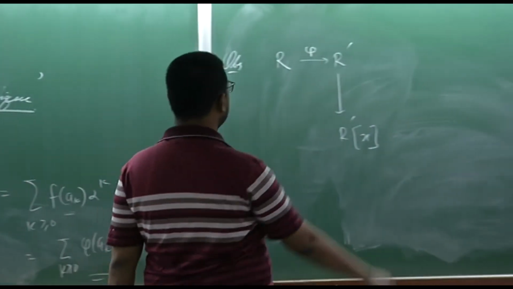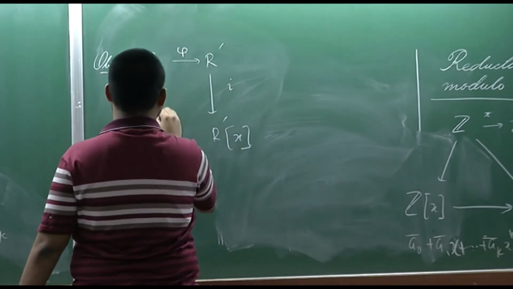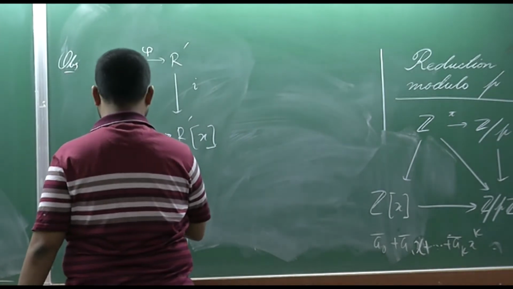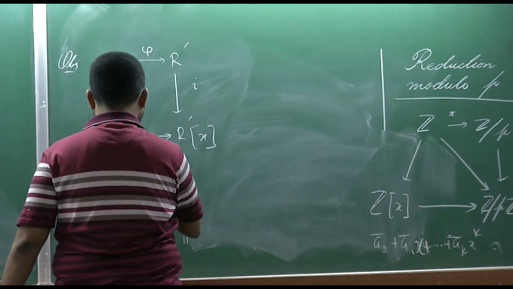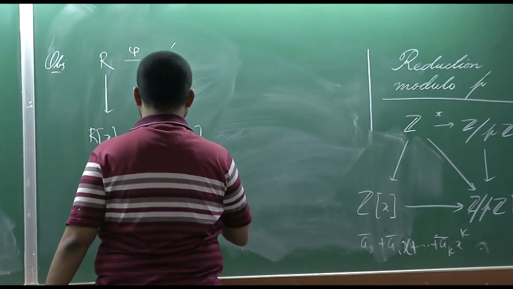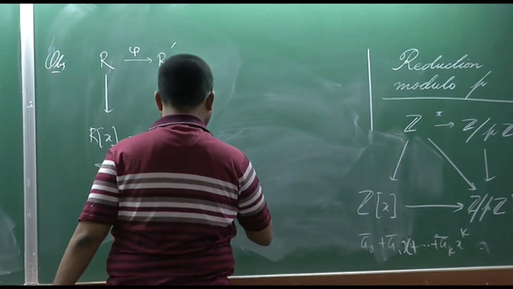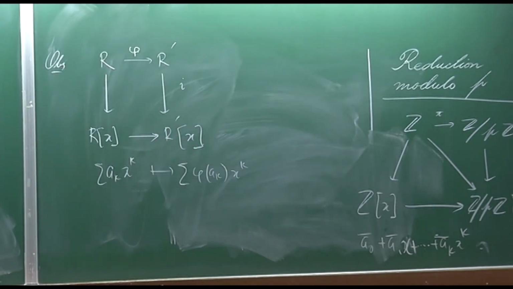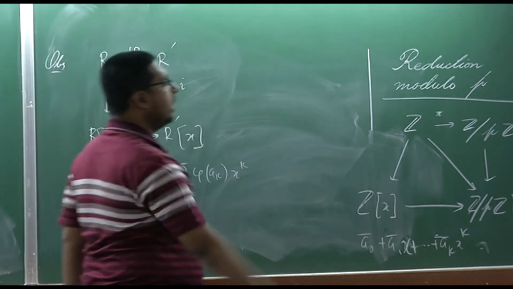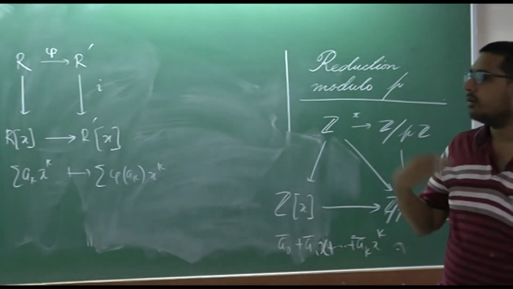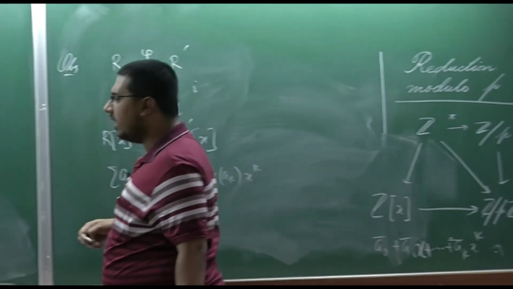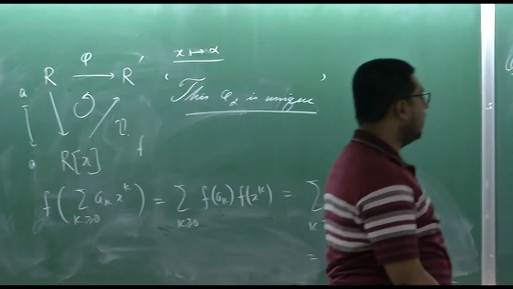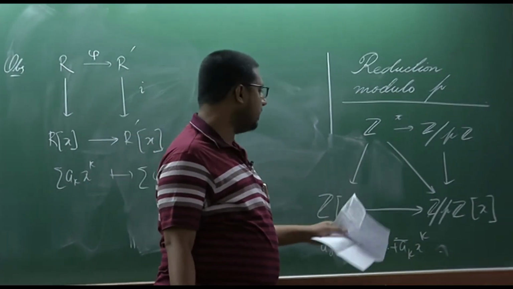Then this is simply the usual inclusion. Then there is a unique homomorphism which is exactly defined like this, that makes this diagram commutative. So any ring homomorphism between the rings can now be extended to a homomorphism at the level of polynomial rings. So these are kind of the linear endomorphism and reduction modulo.